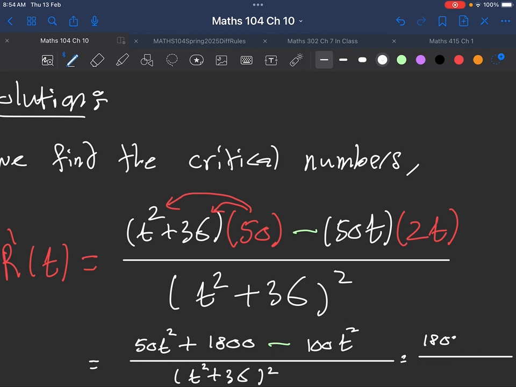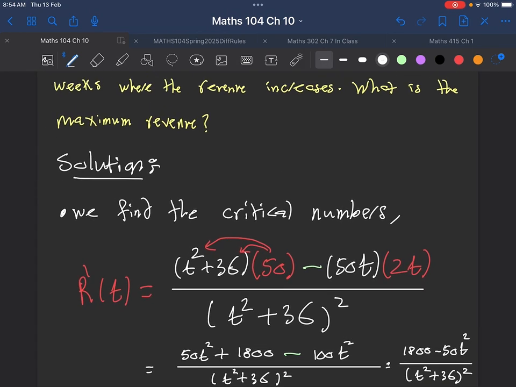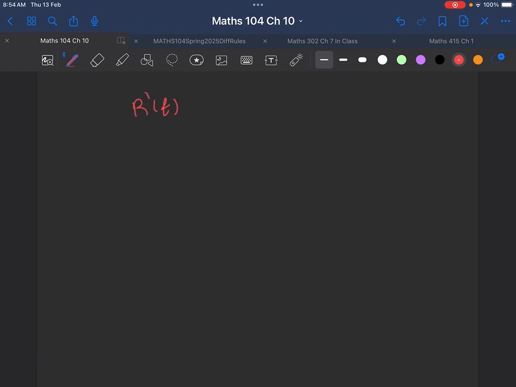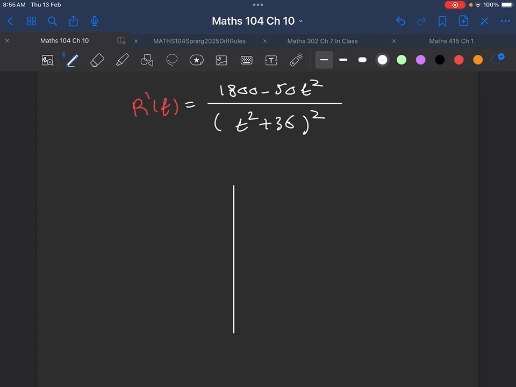Which, if we simplify it even further, this will give me 1,800 minus 50t squared divided by t squared plus 36 squared. And that's what we need to find the critical numbers. Now, let me write it down again here. So what we found is r prime of t is equal to 1,800 minus 50t squared divided by t squared plus 36 squared.